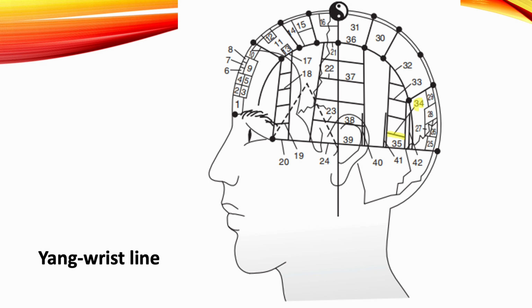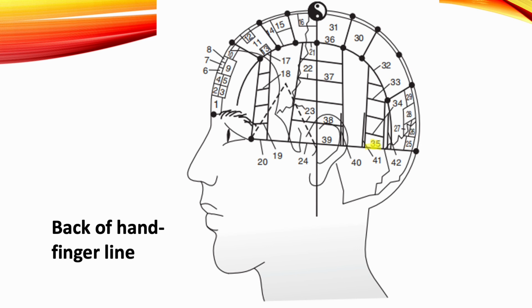Yang wrist line, number 34. The fifth line between the fourth and fifth portions. Back of the hand finger line, number 35. The sixth line. This is the portion on the ear occipital line.